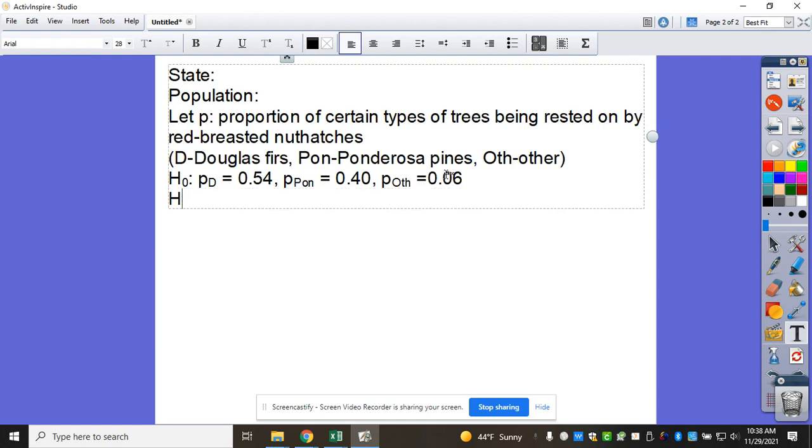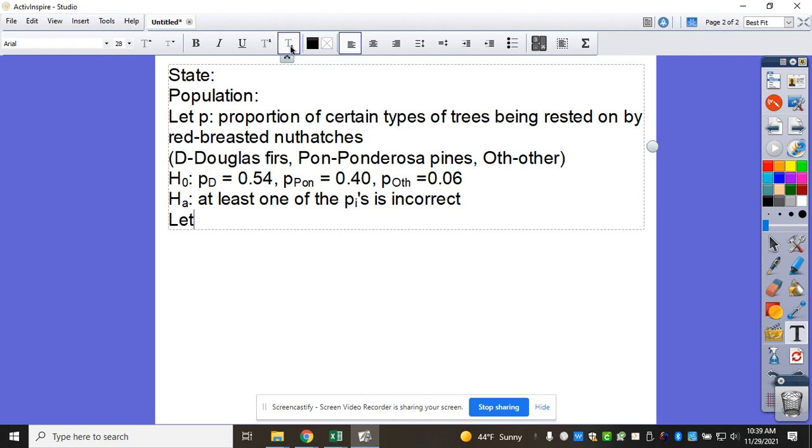And then what do you write as your alternative? And then this one did not give us alpha, correct?